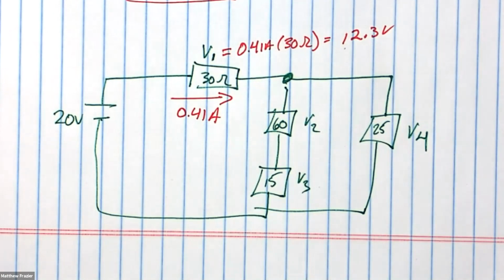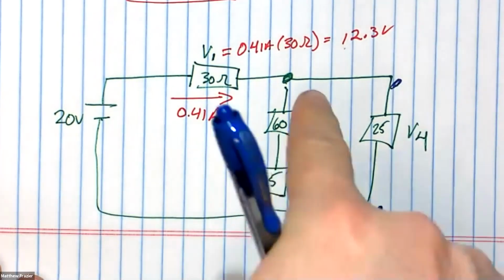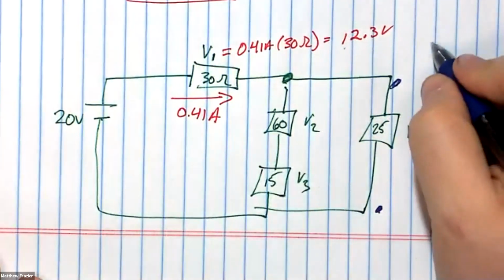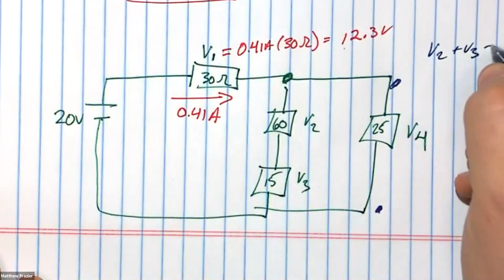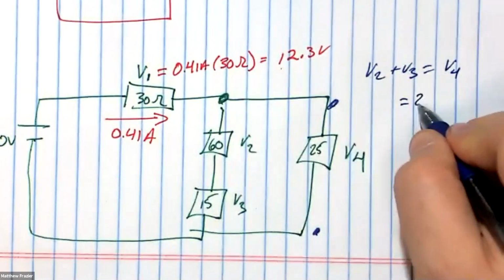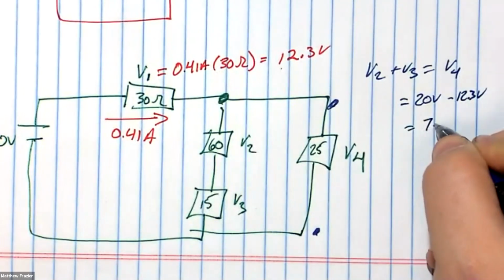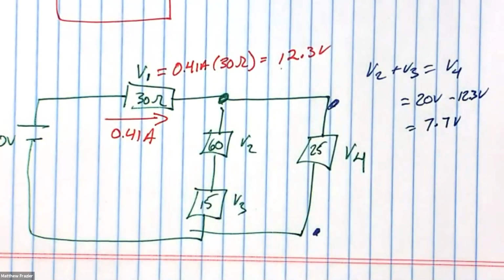So that means the rest of this circuit from here to here, V2 and V3, well, that equals V4, and that equals 20 volts minus 12.3 volts, which is 7.7 volts.